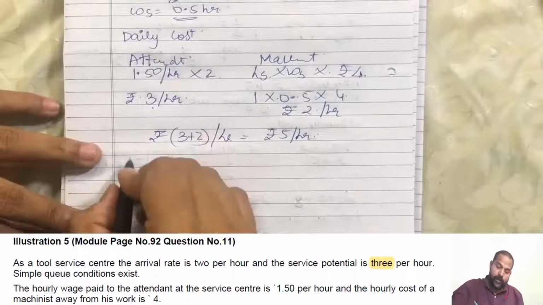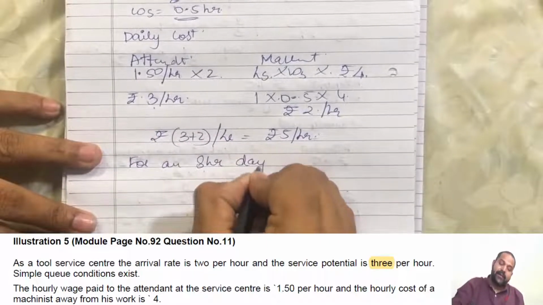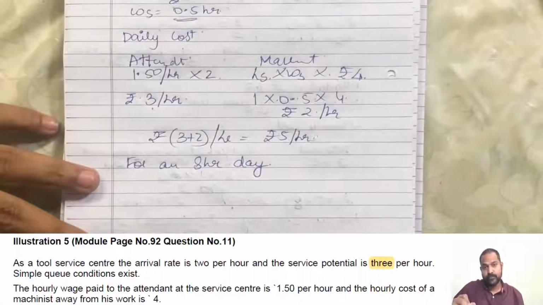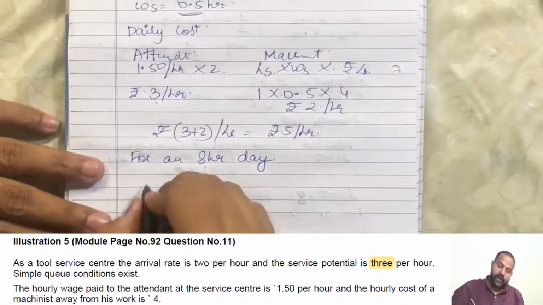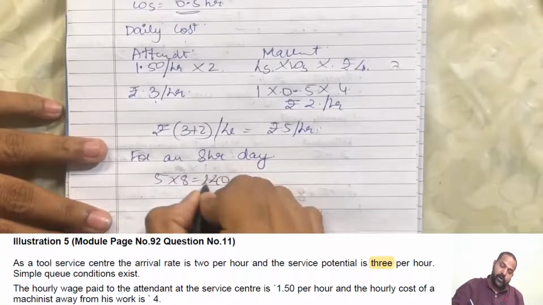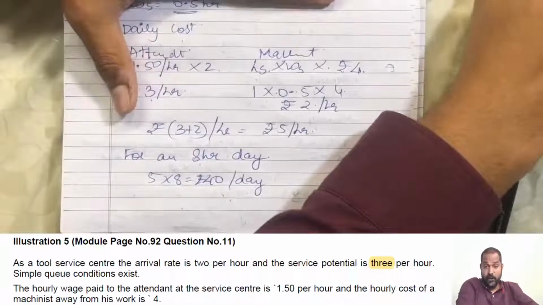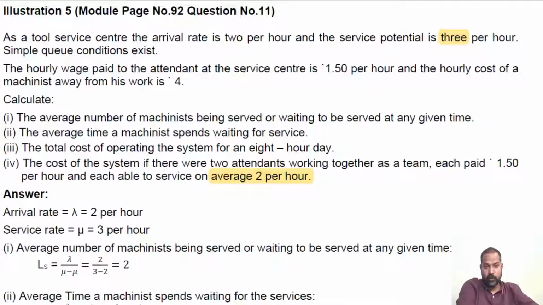Now if it's 5 per hour, then for an 8-hour day, what is it going to be? It is going to be 5 into 8, which is 40 rupees per day. What did they ask me to do? Let's go back to the question.